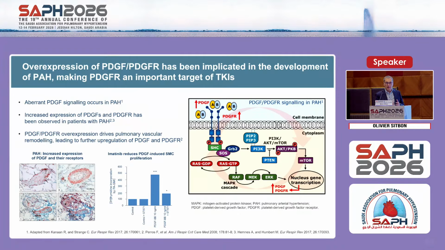This overexpression of PDGF and receptors drives pulmonary vascular remodeling, and experimentally we can inhibit the growth of smooth muscle cells using, for example, imatinib in some experimental models.